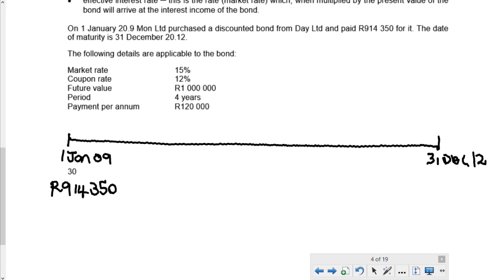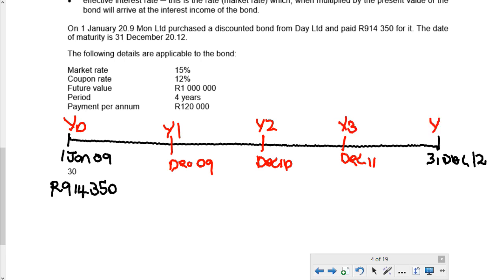What I like to do is then figure out the period of the loan. This is year 0. So December 2009 is year 1. December 2010 is year 2. December 2011 is year 3. December 2012 is year 4. Yeah? 4 years. 9, 10, 11, 12.